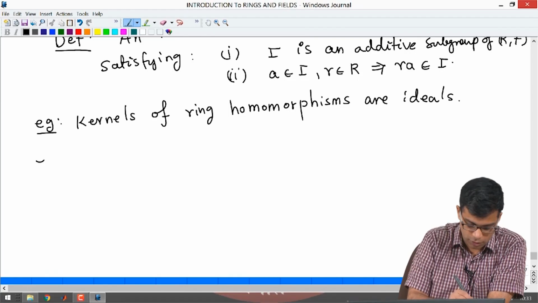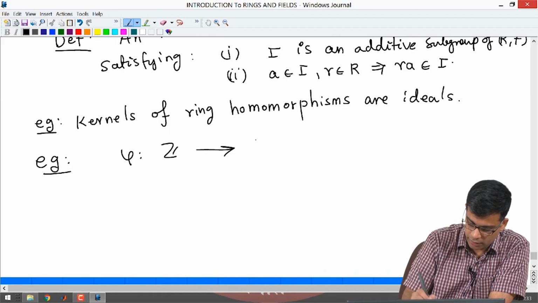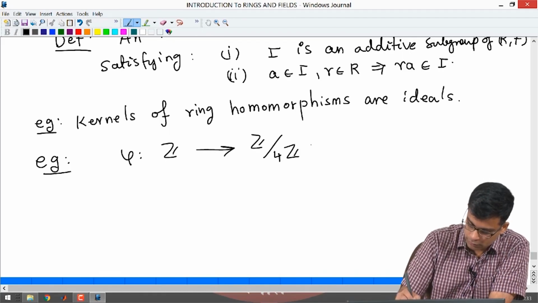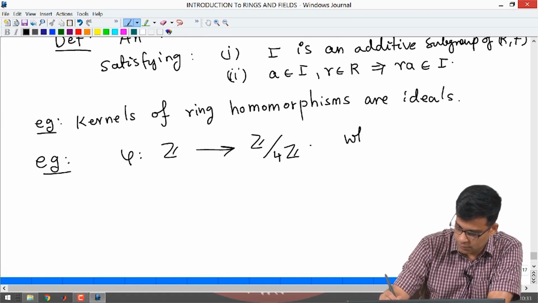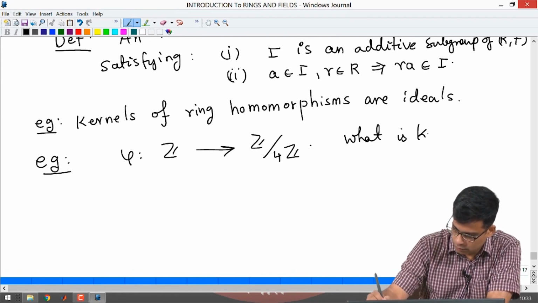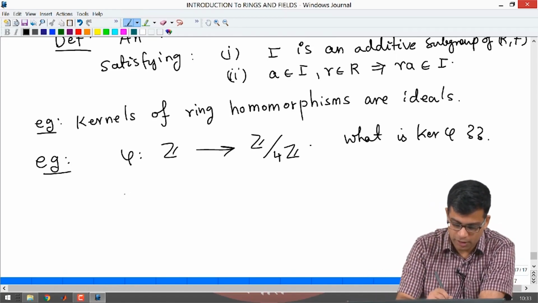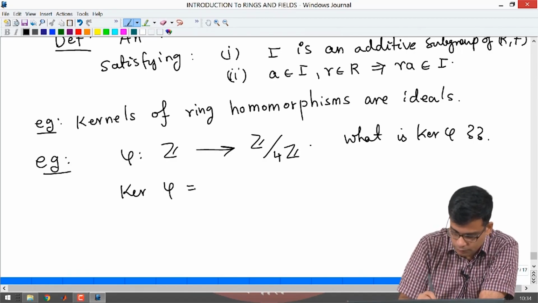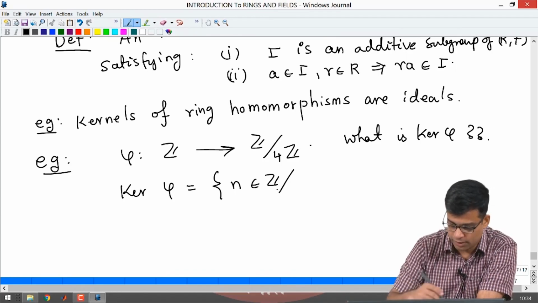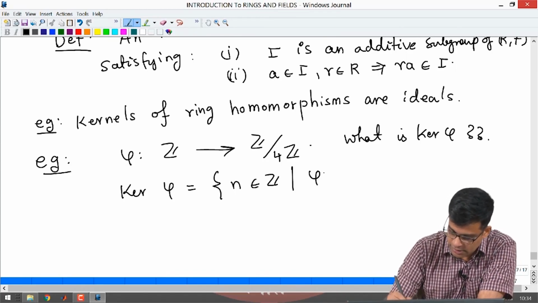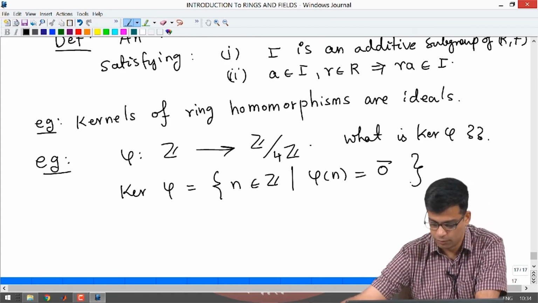Okay. So, the ring homomorphism that we looked at earlier, Z to Z mod 4Z, what is the kernel of this? I claim the kernel is all integers. Remember, the kernel is a subset of the domain, in this case Z. So, all integers n such that phi of n is the 0 element of Z mod 4Z, which is 0 bar in our notation.